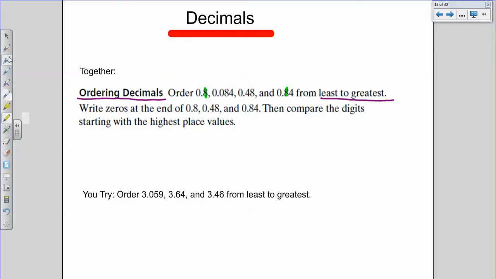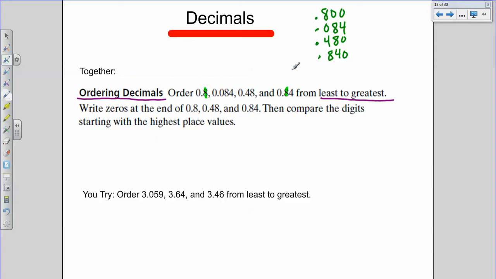Let me just write them out all vertically here: 0.8, 0.084, 48 hundredths, and 84 hundredths. When I have numbers that are different lengths, I can add in zeros to help me stay organized. So now I'm going to compare my tenths spot.